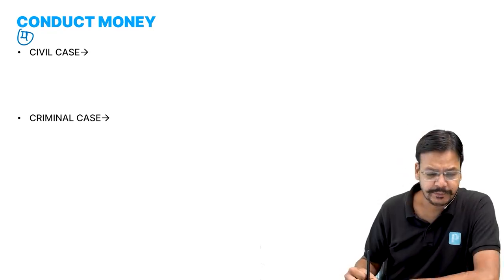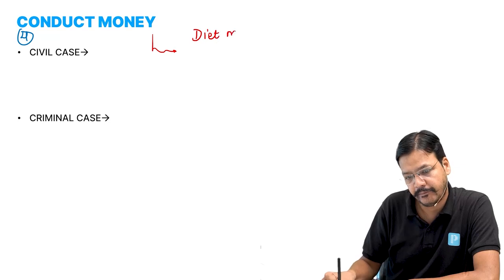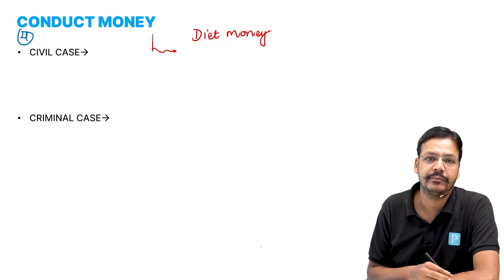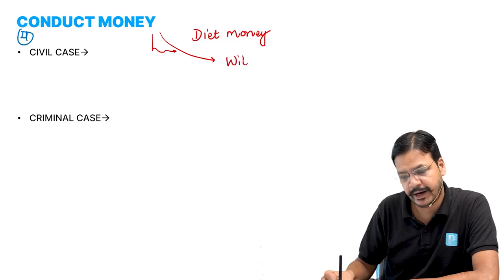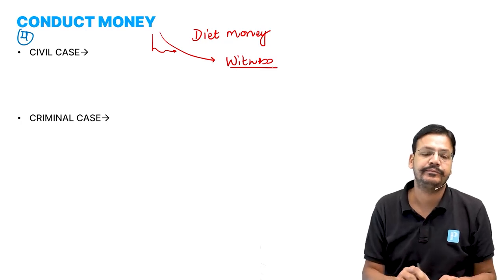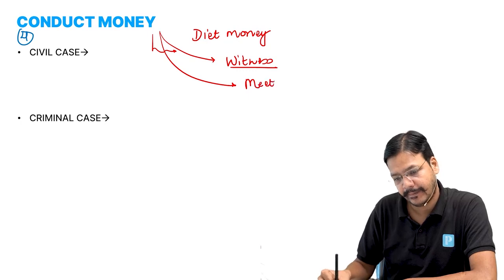Sir, what is conduct money? First of all, I would like to tell you, conduct money is diet money. This conduct money is paid to the witness to meet his or her expenses.